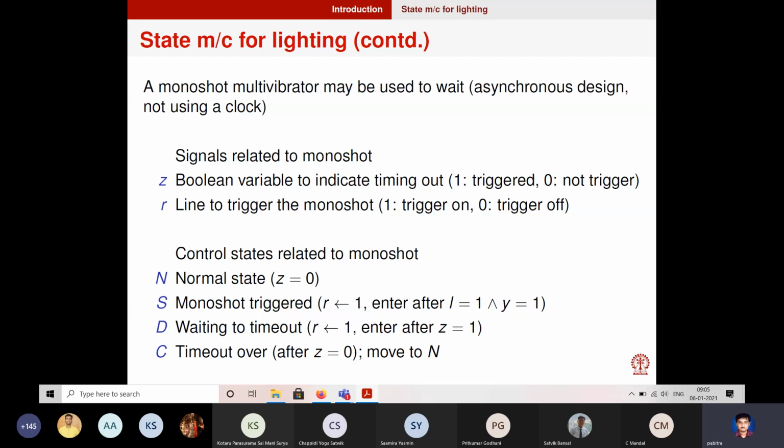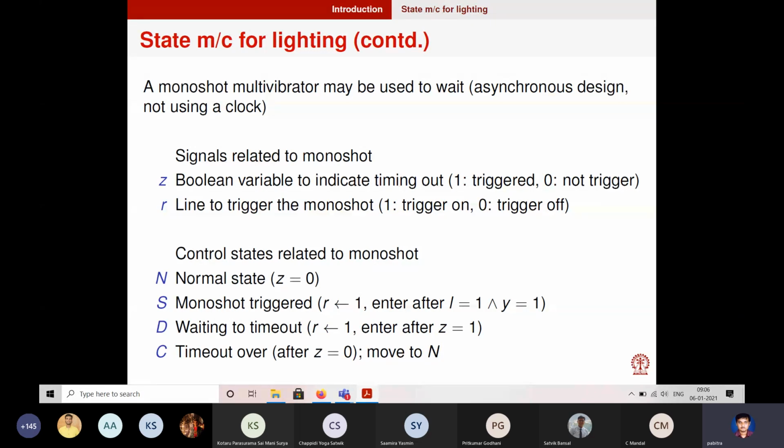It does two things. First, what device you have, a counter or a monoshot, will be determined by the requirement of your system, such as that the light should go on when lightning occurs.